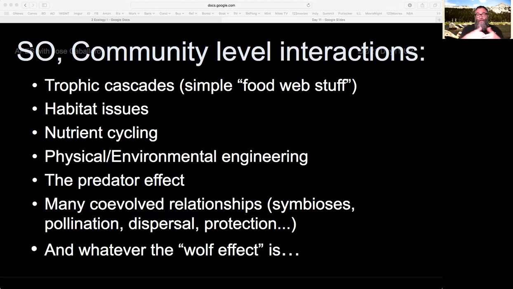So dam building is something that the beaver does for themselves, but it creates the entire river ecology of the Sierra, same as alligators build the American bayou. There's the predator effect, where predators eat whichever prey is most common and keep that prey species from outcompeting the other prey species. There's all sorts of stuff about evolution, and there's that wacky thing about wolves.